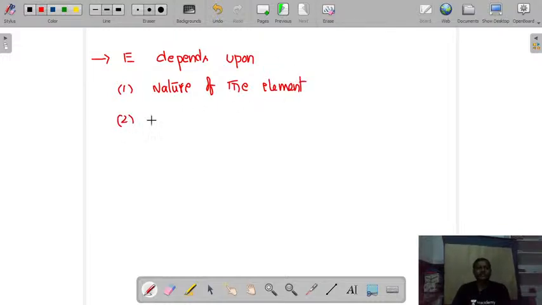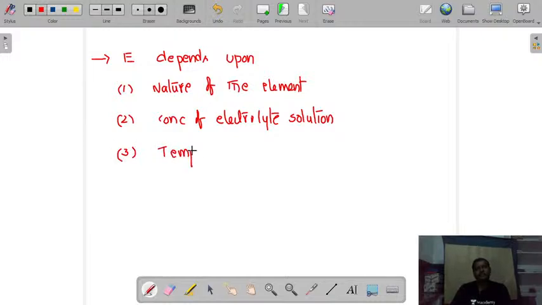Second one, concentration of electrolyte solution. Third one, temperature. These are the main factors which affect the electrode potential of an element.